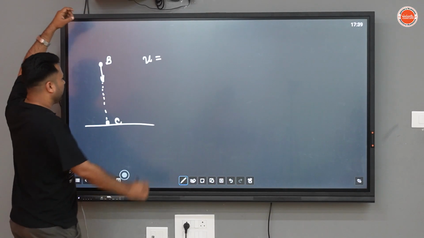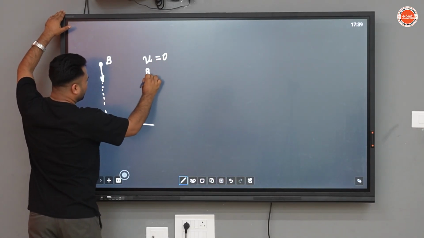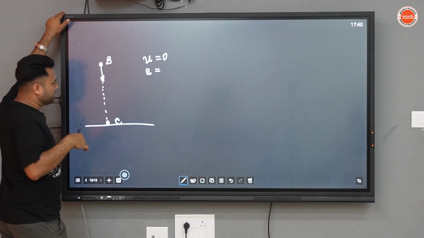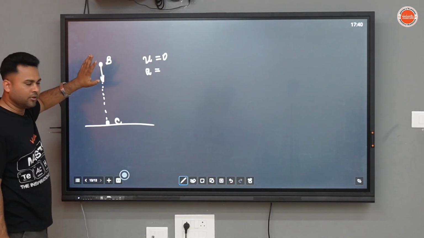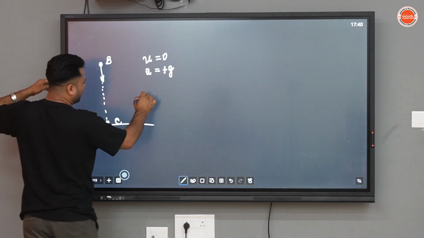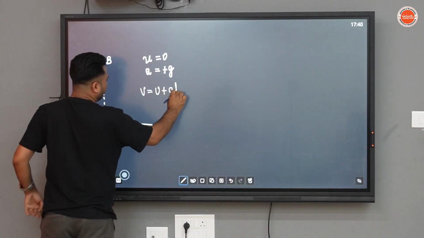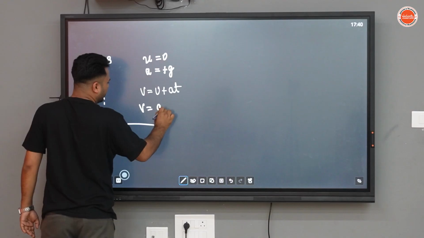If I ask what is the acceleration, acceleration is always g. Now plus g or minus g? Direction of motion is down, gravity is also down, so it will be plus. Okay, so if you write this equation, v equals u plus at, it will be final speed equals 0 plus gt.